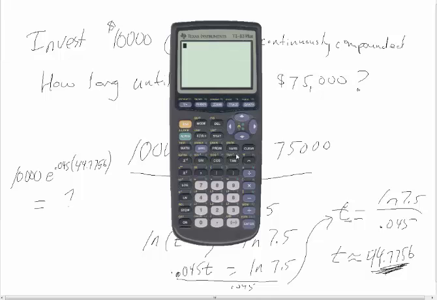So 10,000 times second function, e to the x, 0.045 times 44.7756, and that equals $74,999.92. So close. Because we rounded, it's not exactly 75,000, but that's pretty darn close. So that's e. That's how you use it on your calculator, and that's how you solve equations involving e.